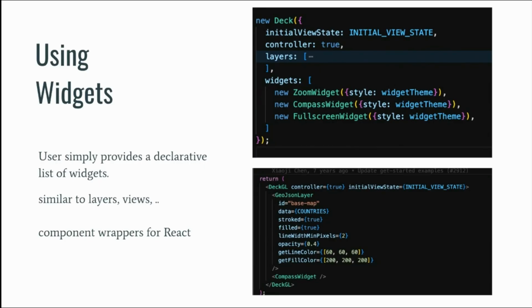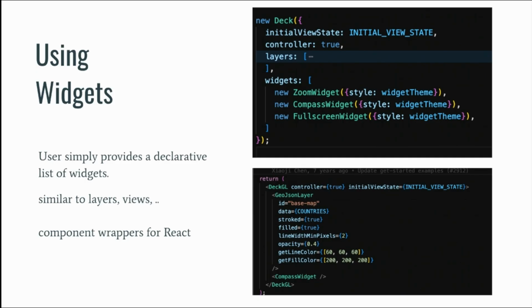And now there's a new top-level prop on DeckGL, which is widgets. In the same vein as layers and views, it takes an array of widgets. So you have this growing library of widgets now that you can use. Basically these put little HTML components on top of your visualization that can interact with your map.